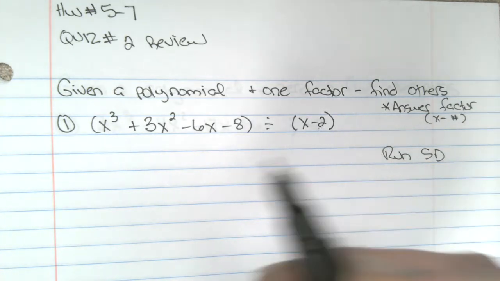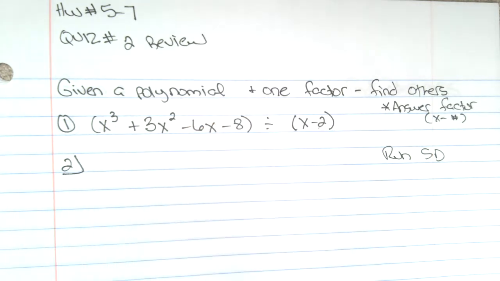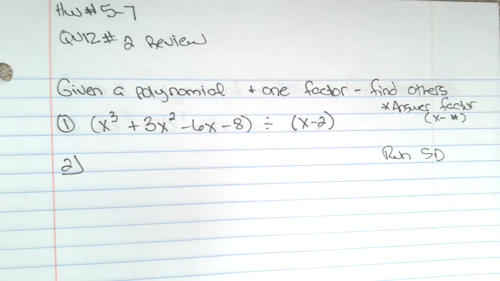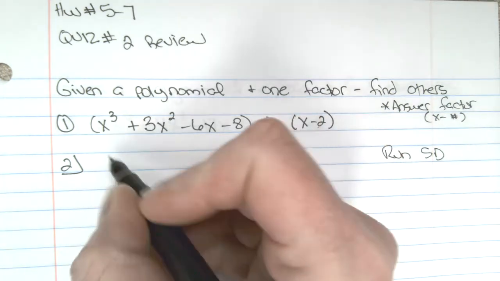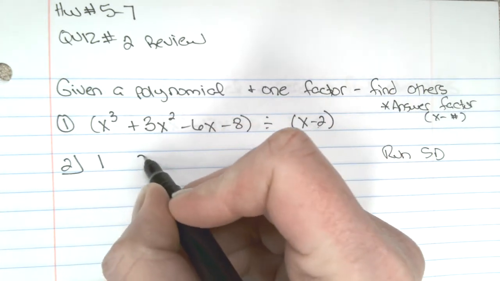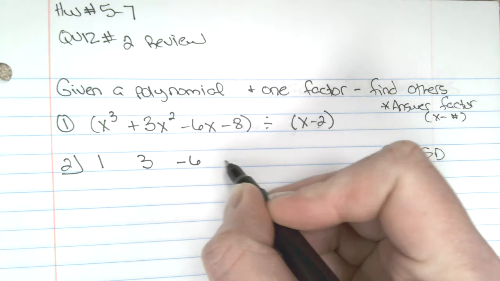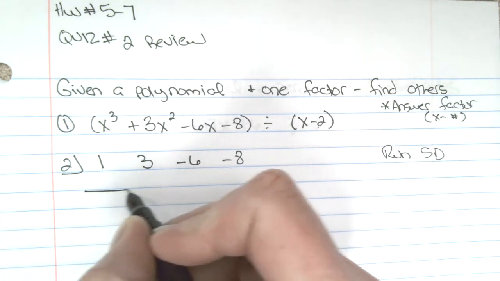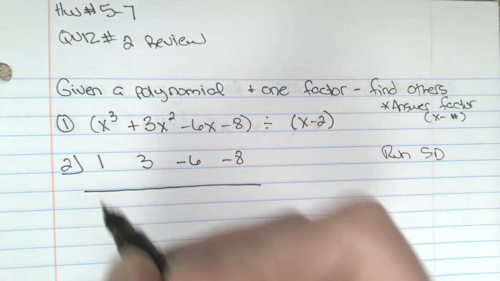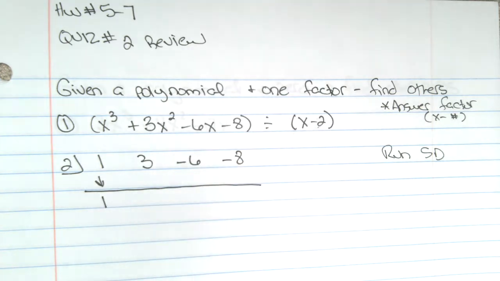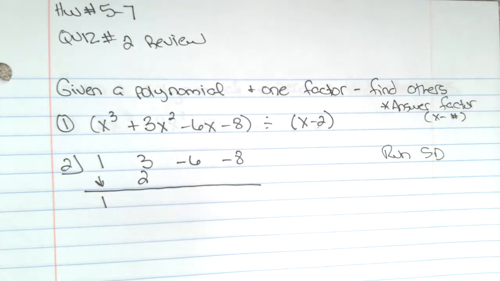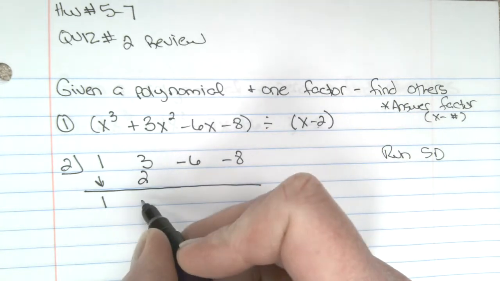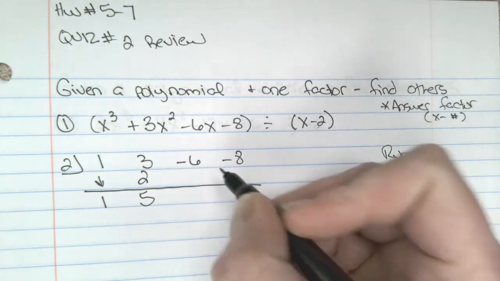If my factor is x minus 2, that means my divisor, or the answer I'm checking, is positive 2. My coefficients are 1, 3, -6, -8. Bring your first one down. Multiply. 2 times 1 is 2. Add. 3 plus 2 is 5.